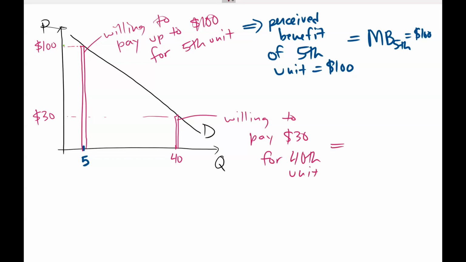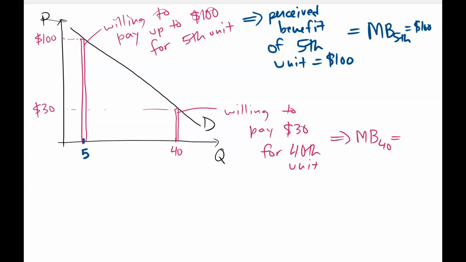The demand curve arranges these willingness to pay in order from the person who's willing to pay the most down to the person who's willing to pay the least. And the perceived marginal benefit of this 40th unit is just $30.